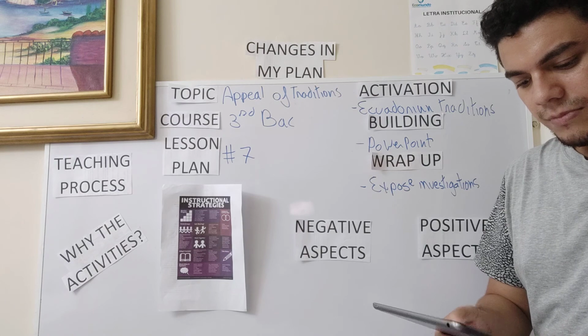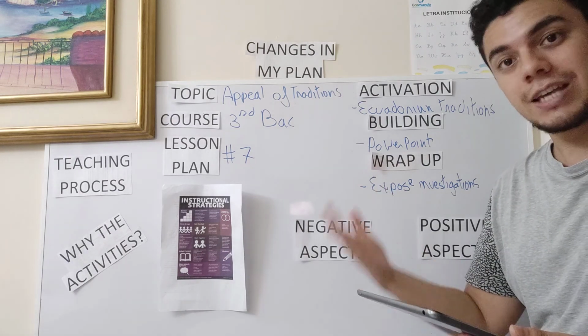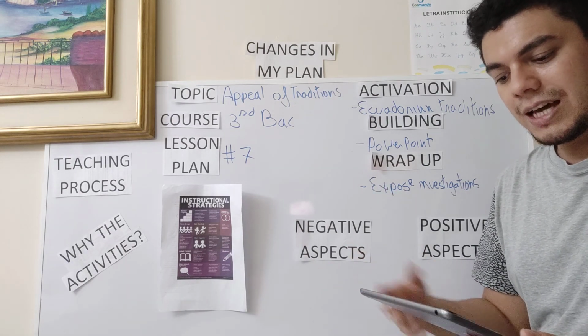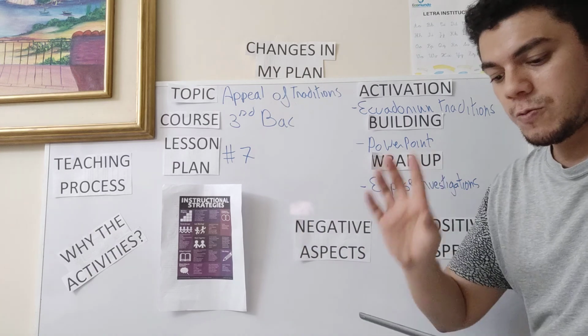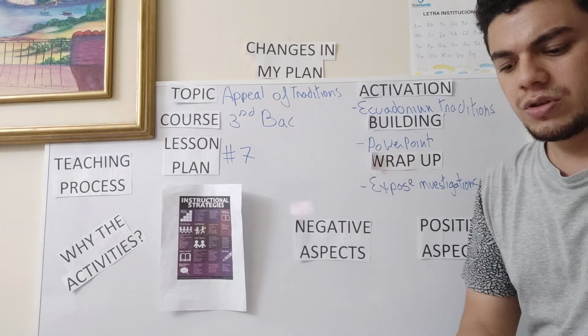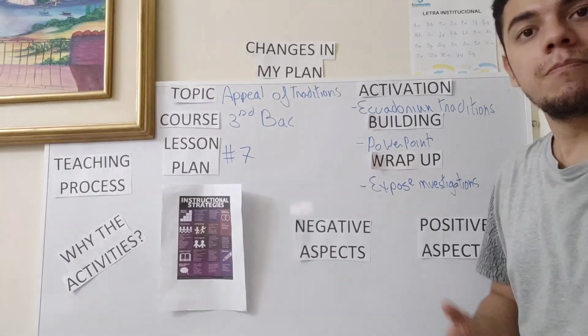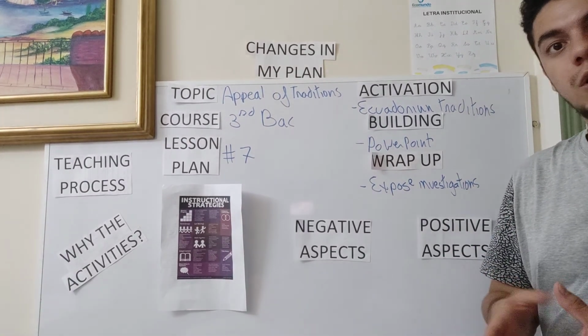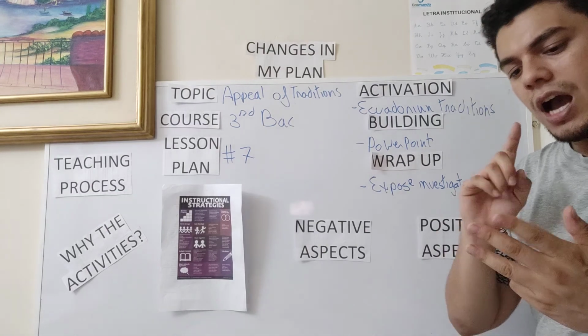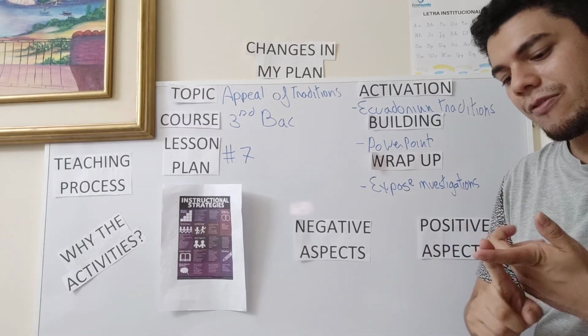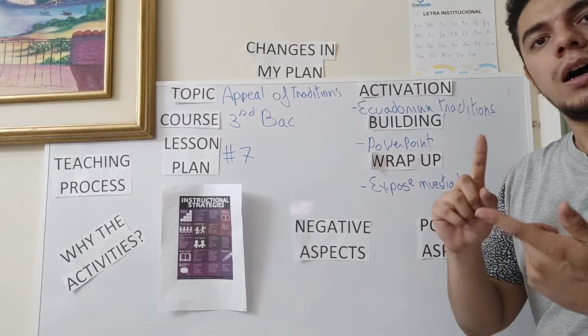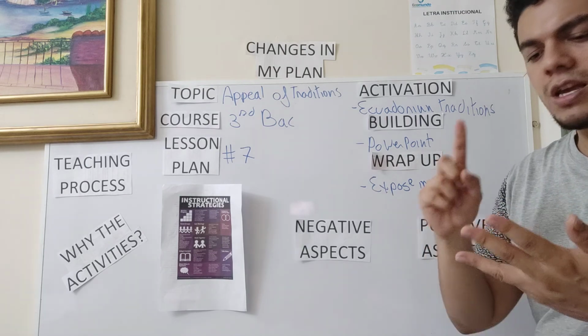So, in this part, we are going to have 10 letters that include words related to Ecuadorian traditions. And the teacher will make 10 groups of 3 students. And each student will have a role: the leader, the secretary, and the designer.